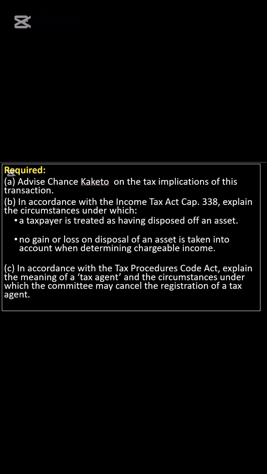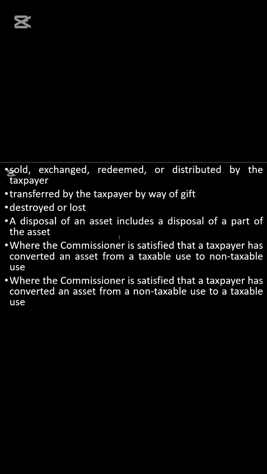Then three, for example, if it is destroyed by fire, in that case we say that it is disposal. Or if it is a motor vehicle and it has crashed in an accident, that one for us we deem it as disposal in taxation. So there are very many scenarios. I think you look at them.